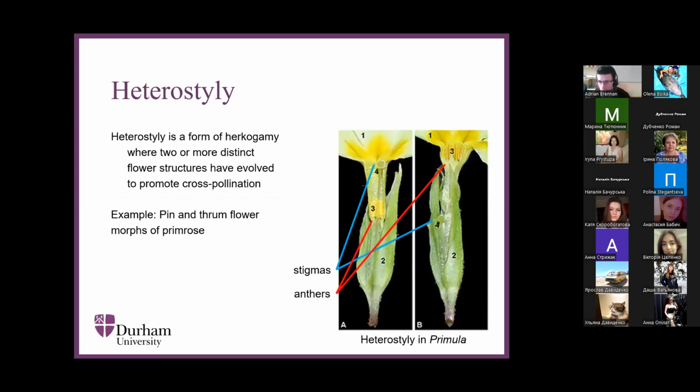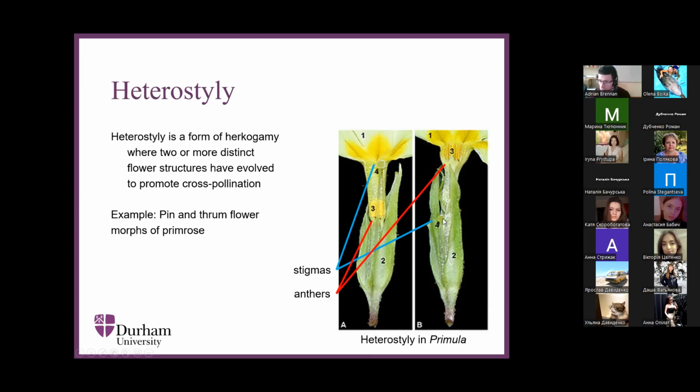An interesting form of hercogamy is known as heterostyly. This is where you have approach hercogamy and reverse hercogamy in the same species, in the same population. Some individuals in the population will have long female organs here in the green and short male organs. And other individuals will be the opposite arrangement.